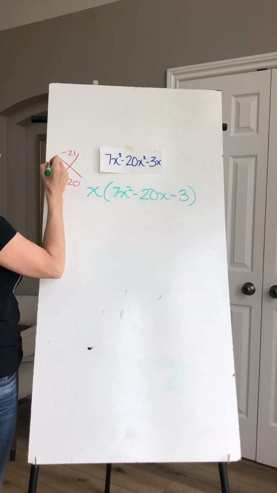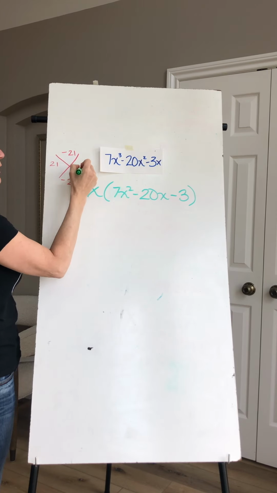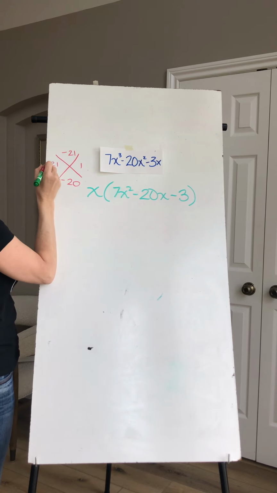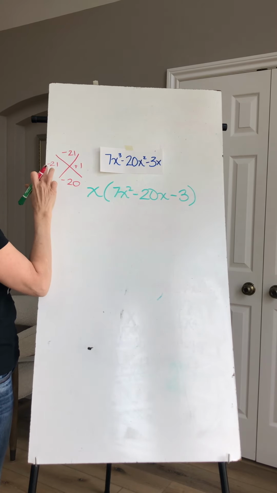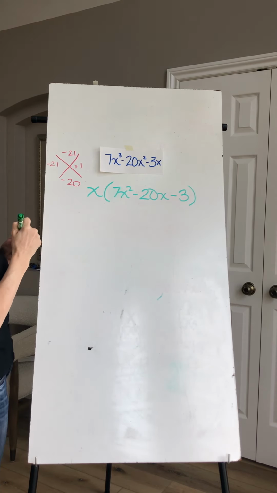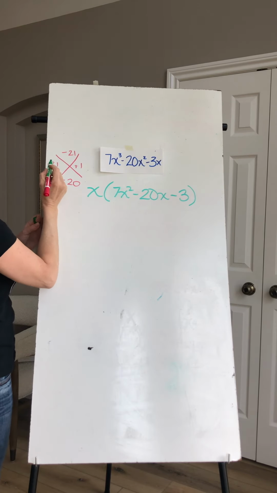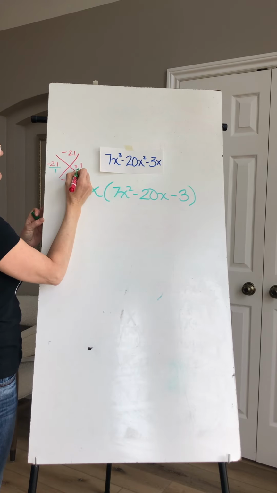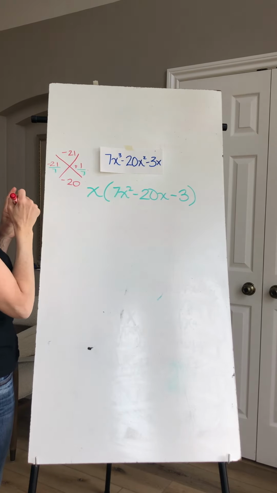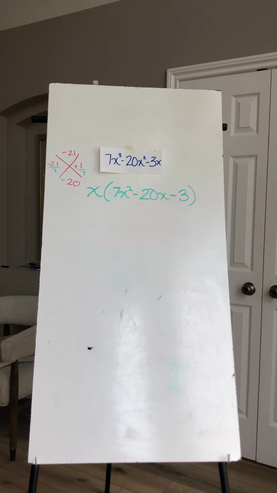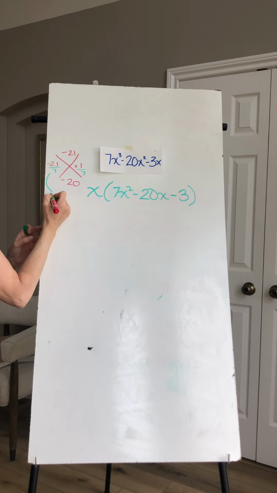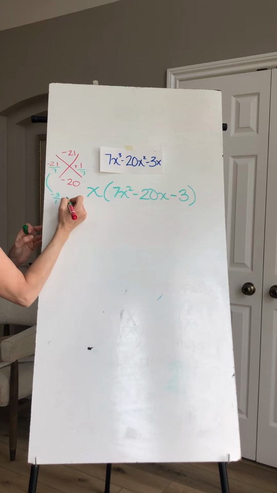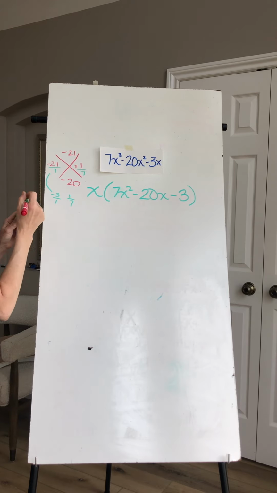Well, hopefully you realize it's going to be 21 and 1. And if we wanted to add to a negative, the 21 is going to be negative and the 1 is going to be positive. And then I'm just going to put the value of A underneath both of them, and then reduce, so that's negative 3 over 1 and 1 over 7.